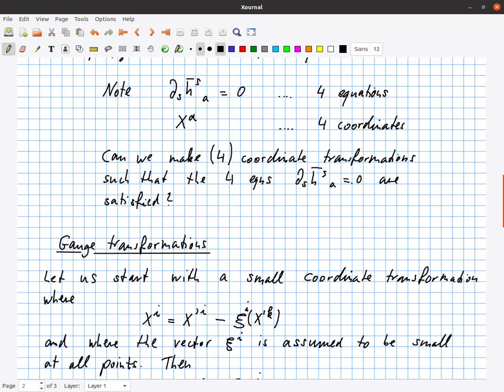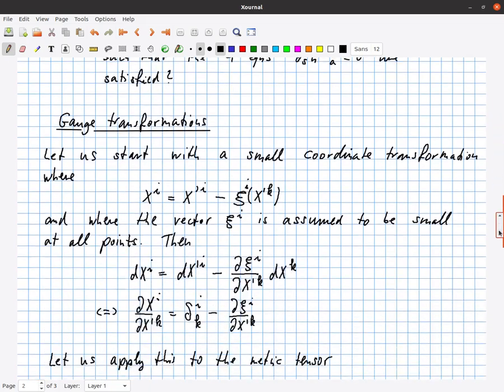We want to find a coordinate transformation such that this object here vanishes. We now have an explicit expression for h bar^SA in the primed coordinates. What is left to do is differentiate this and see what happens.